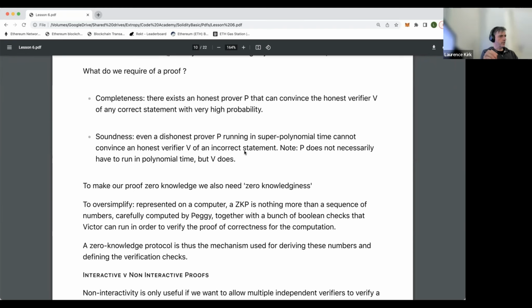Now, I should say that zero knowledge proofs, the ones we have so far, are probabilistic. So there is a small probability that an incorrect proof could be accepted. But the probability of that is so exceedingly small that it is ignored. The size of that probability depends upon the size of the field that you use when you're creating your proof. When I spoke about fields at the start of this talk, I said they were extremely large, and they are.